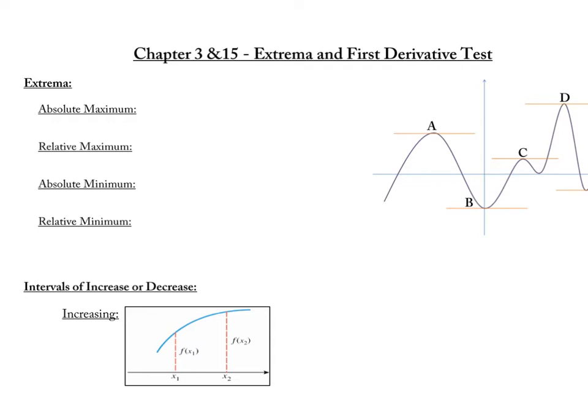So if you look on your notes, the extrema are absolute max and mins, and then also relative max and mins. So the definitions of that basically means the absolute maximum is the highest point on the entire graph.